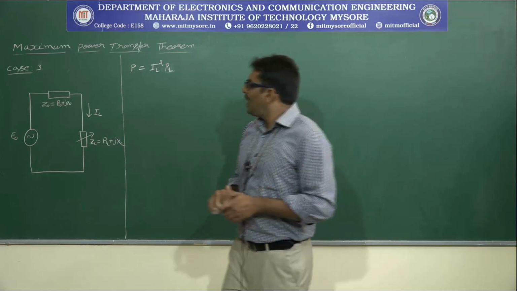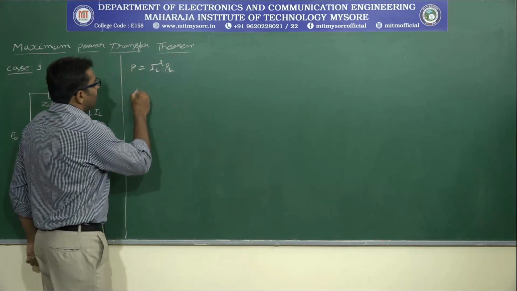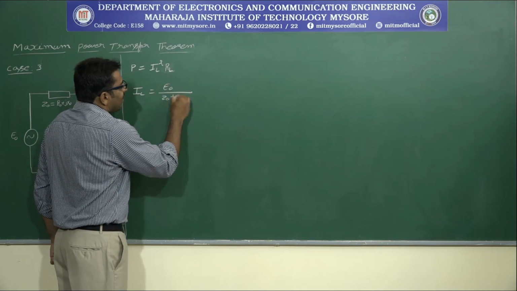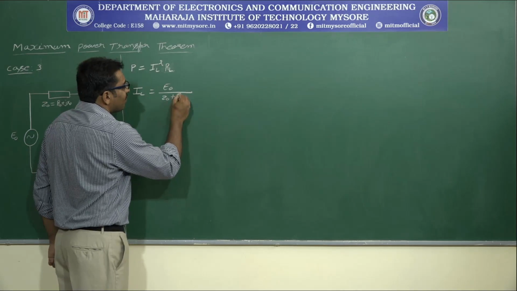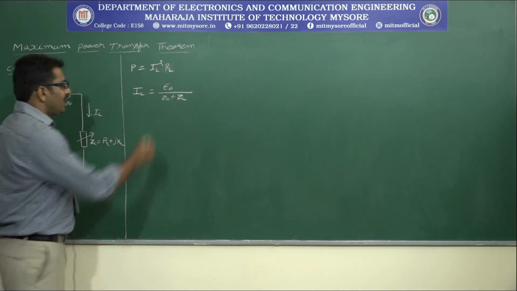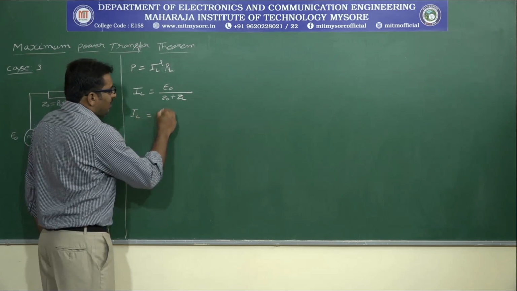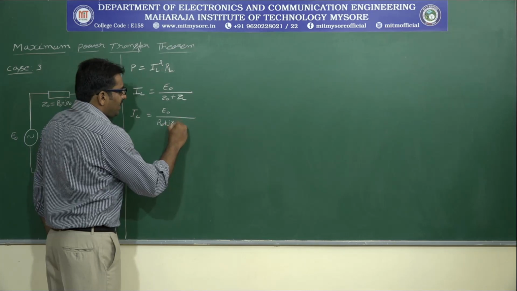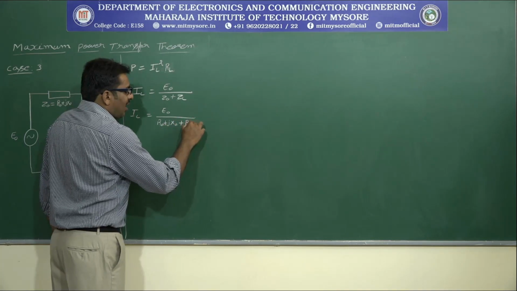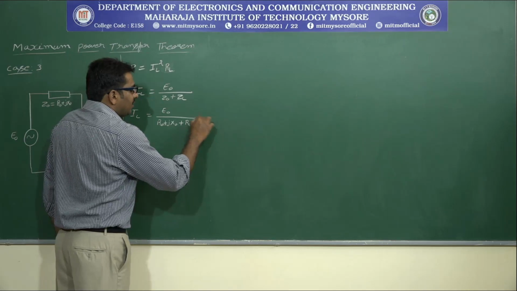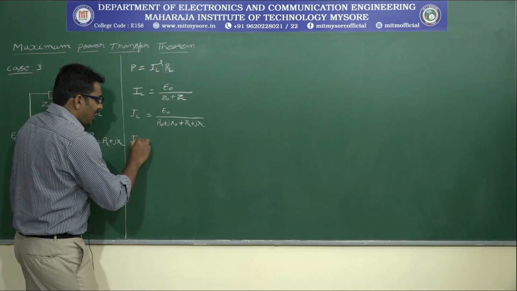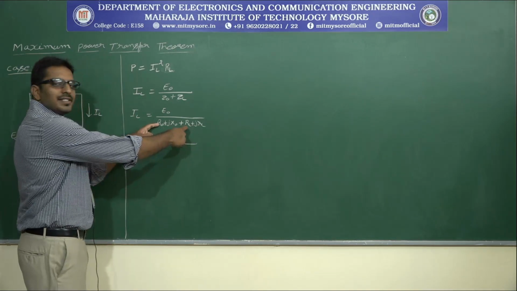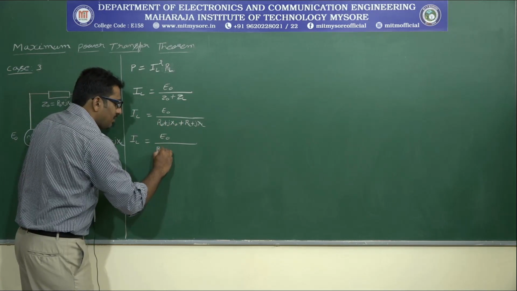Is it clear? Next, what is IL? IL is equal to E naught divided by Z0 plus ZL. Is that clear? Next, what is Z0? IL is equal to E naught divided by R0 plus J into X0. What is ZL? RL plus J into XL. Next, IL is equal to E naught divided by, just group the resistive parts only. What is that?